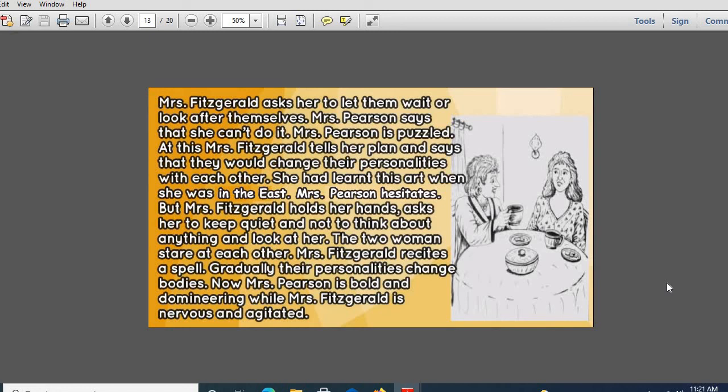She did talk with them in a very arrogant manner, but the sole purpose was to rectify them, and obviously to give them a taste of their own bitter medicine. That was the main target of Mrs. Fitzgerald. She had a conversation with them in a very rough and rude manner.